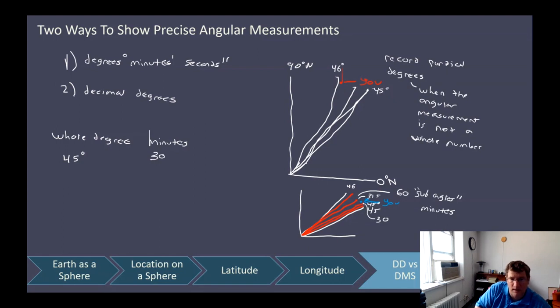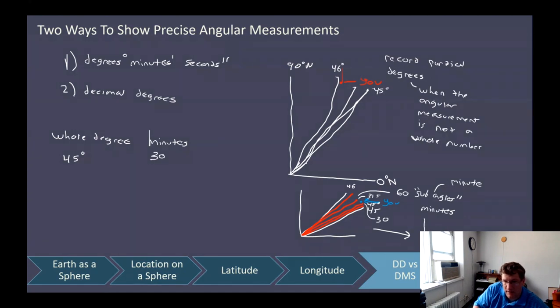We call each of these original 60 subangles a minute. So we're 45 degrees away from the equator, plus an additional 30 minutes. But we're still not close enough, and so we can take that and subdivide it further.